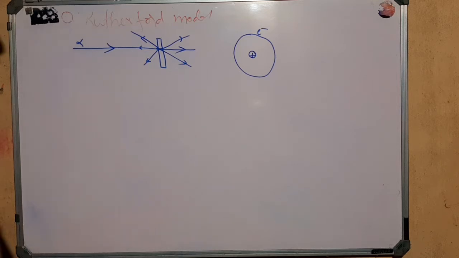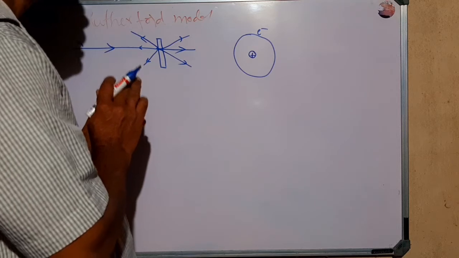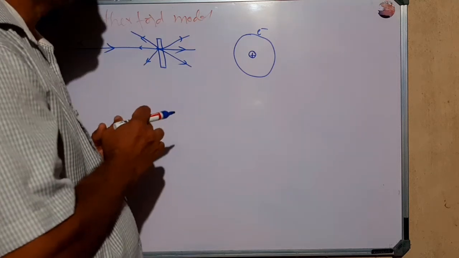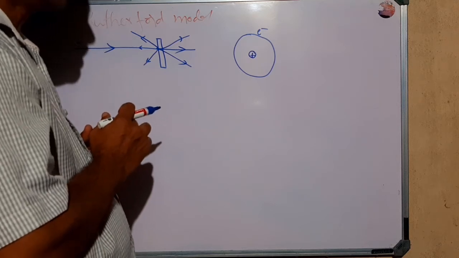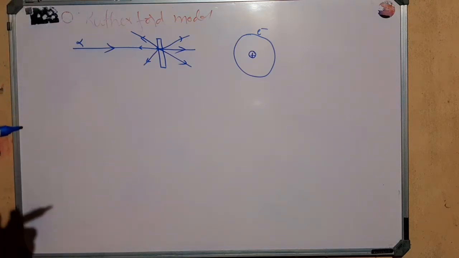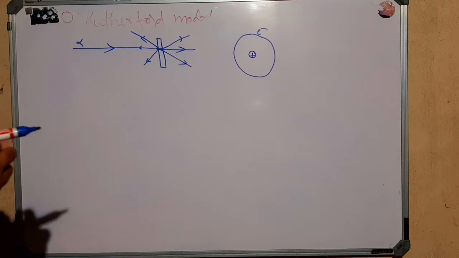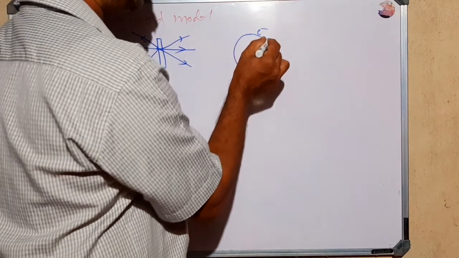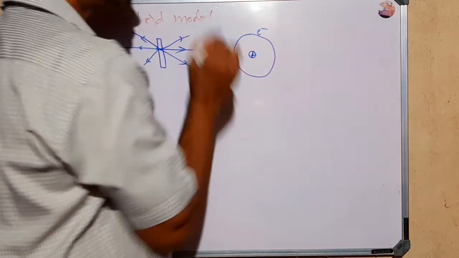But here, when you consider the mass of the electron with respect to the mass of the nucleus, the mass of the electron is negligibly small in comparison. Therefore, we can consider that almost the entire mass of the atom is concentrated in the nucleus.